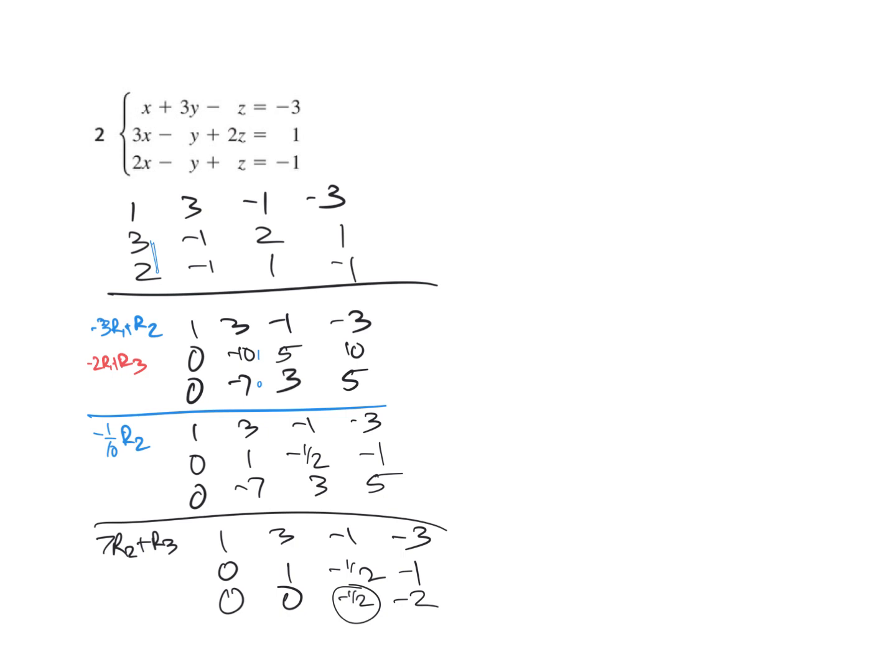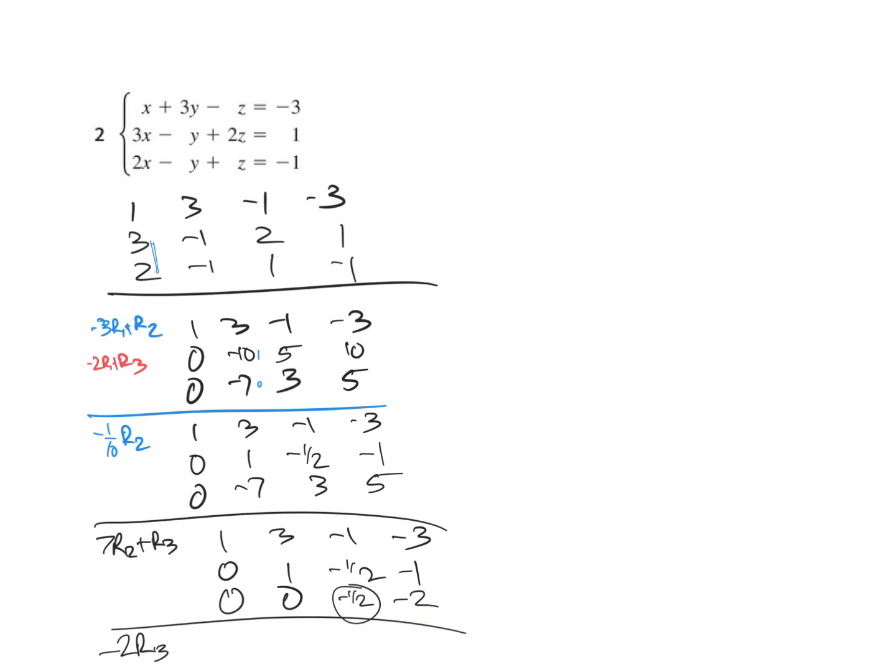So we're going to multiply by -2. We take -2 times row 3. Those are zeros, and -2 times -1/2 is +1. And -2 times -2 is 4.